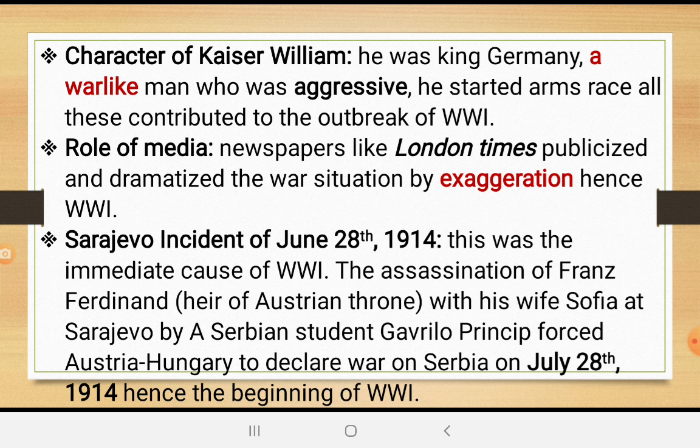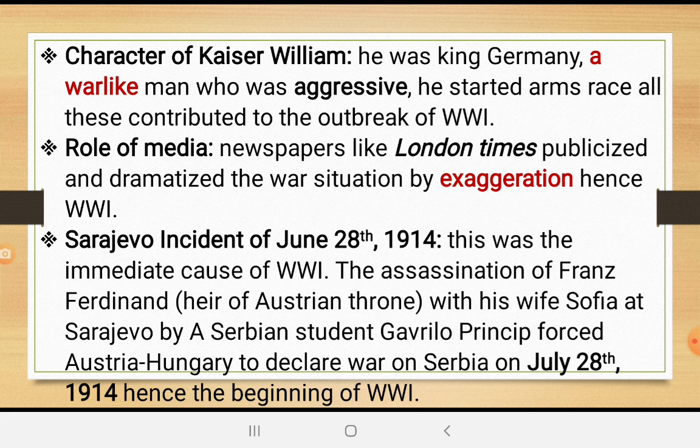Another cause of First World War is the character of Kaiser Wilhelm. Kaiser Wilhelm was a king of Germany. Remember, I have been telling you that this Kaiser Wilhelm was a warlike man, a man who liked the war, who was aggressive. He was the one to start the arms race.